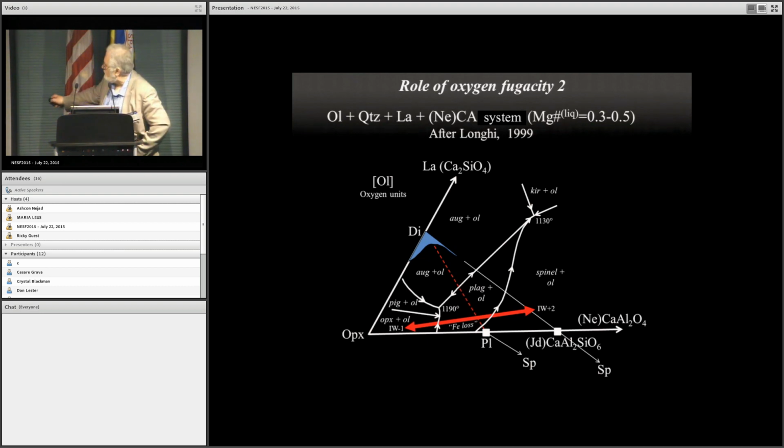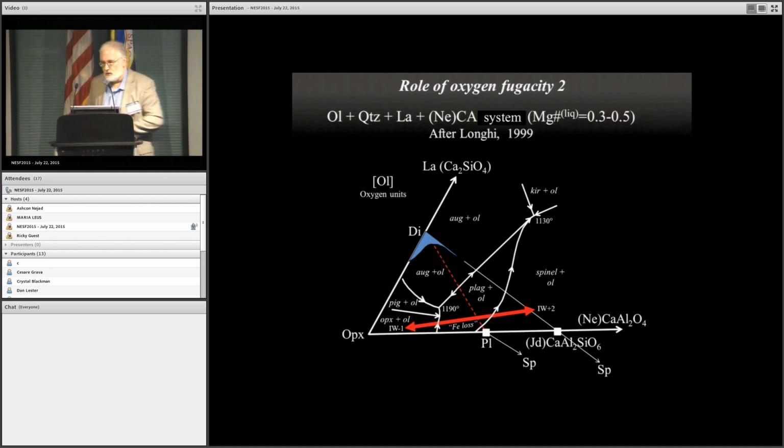So if we have very reducing chondritic material, a lot of the iron goes into metals, so that essentially you have iron loss within the silicates, and the bulk compositions plot along in this area right in here. If, however, you have the chondritic material and it's more oxidizing, it tends to plot along this area right here.